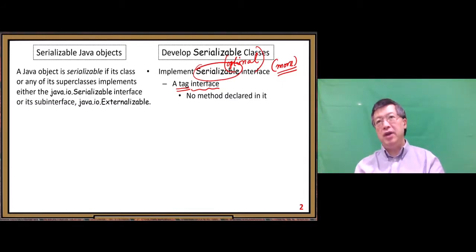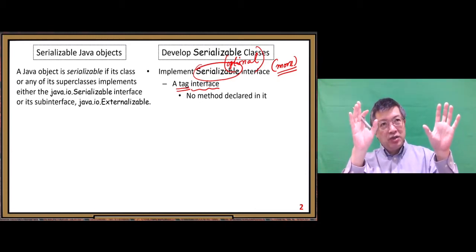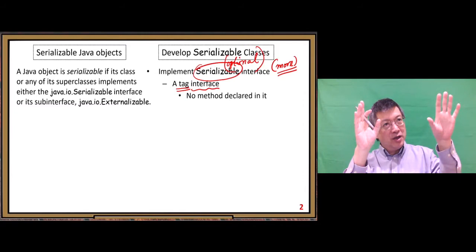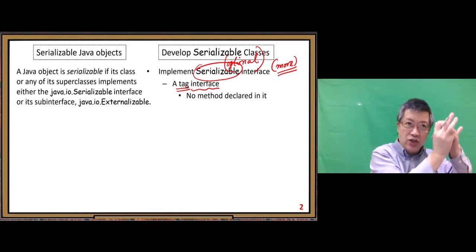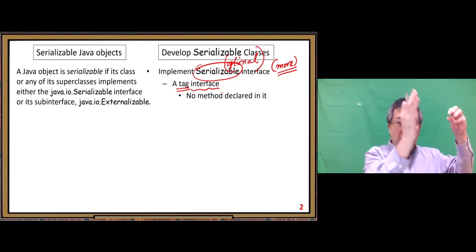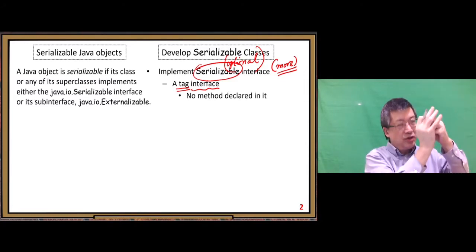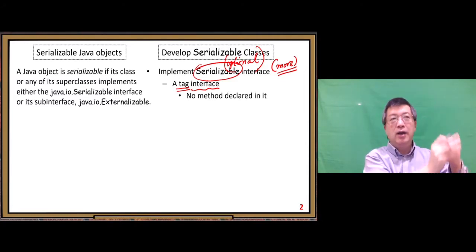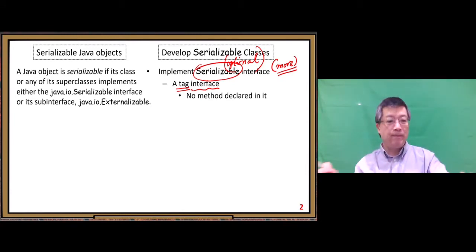There is no method in it. But it looks like your class has a special tag, a Serializable tag, attached on it. Then there are some consequences. After you attach this Serializable tag, there are some consequences.